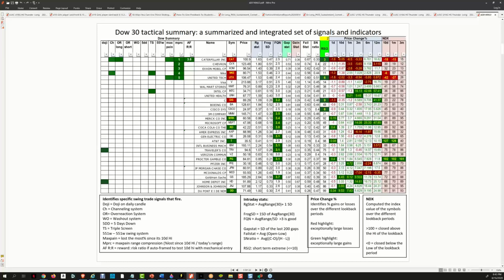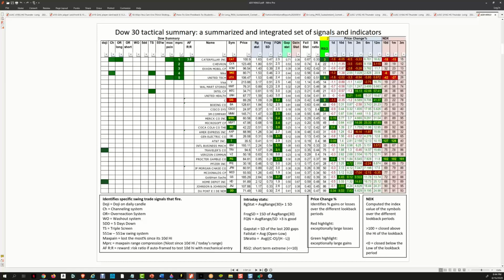Now, if I look at Caterpillar, I see that it has dramatically underperformed over the 1-day, 10-day, 1-month, 3-month. And the NDX is firing the red, meaning that it had broken down below the previous 10-day and 30-day range at the same time that Procter and AT&T had broken out to the upside.